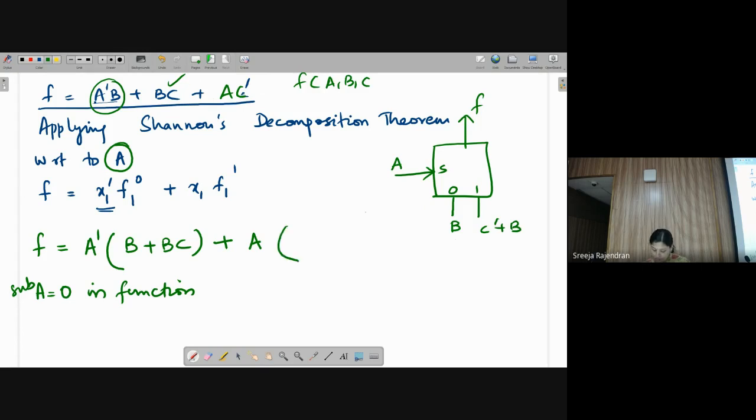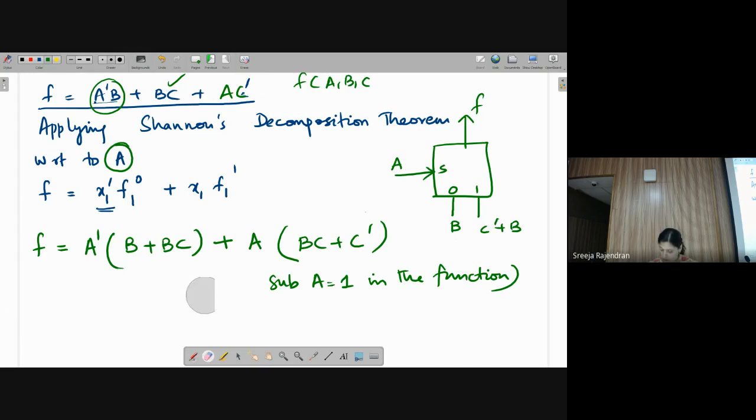The next part is A multiplied by, you have to substitute A is equal to 1 in the function. This you have already written. I am just repeating in case it was not clear. So when A is 1, A bar becomes 0. So the first term in the function vanishes. Then I have BC plus A is 1, so C bar.